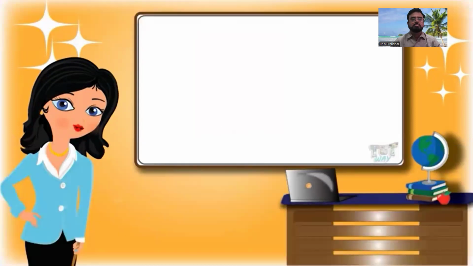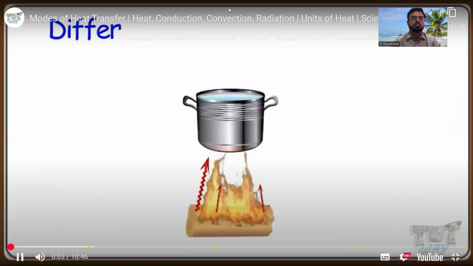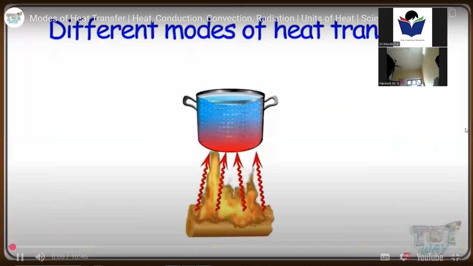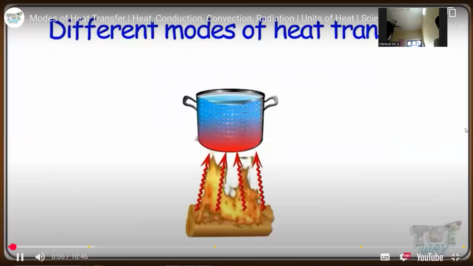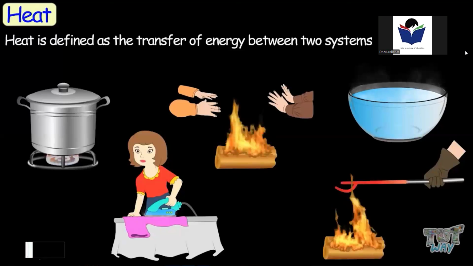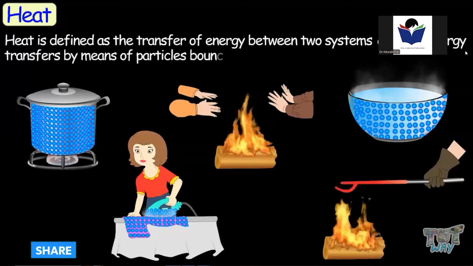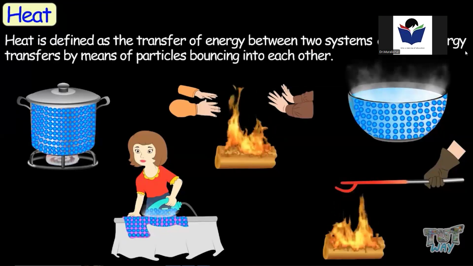Friends, today we will learn the different modes of heat transfer. So let's start. Let's first learn what is heat. Heat is defined as the transfer of energy between two systems, and this energy transfers by means of particles bouncing into each other.